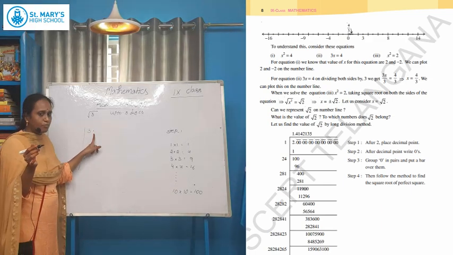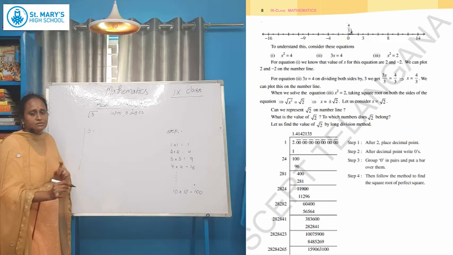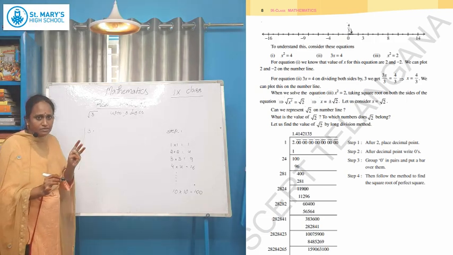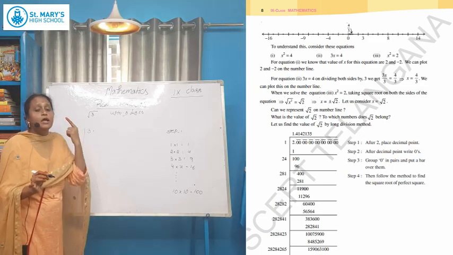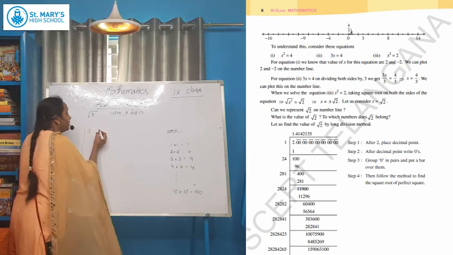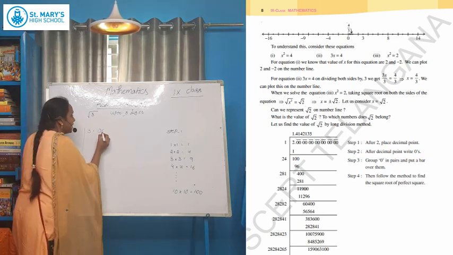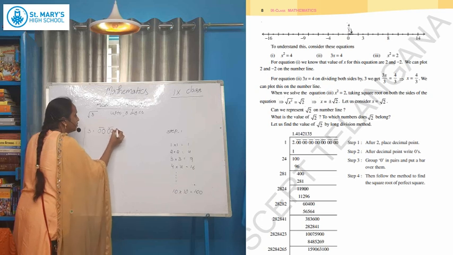How many digits did they ask? 3 digits. That means for 3 digits we need to take 3 pairs of zeros. So 1 pair, 1 more pair, and 3 pairs.